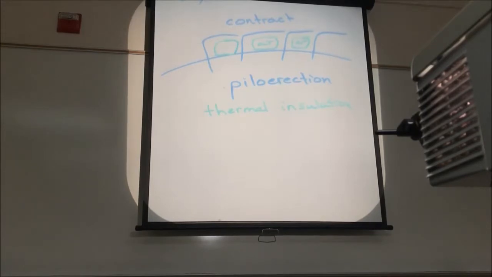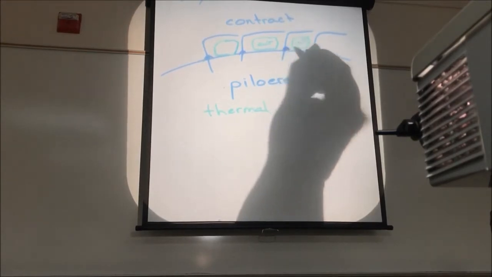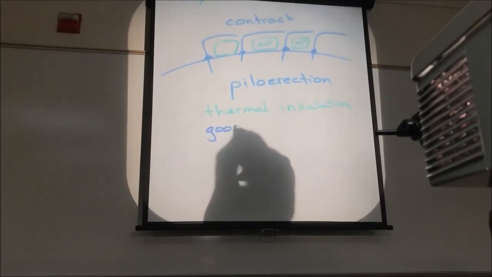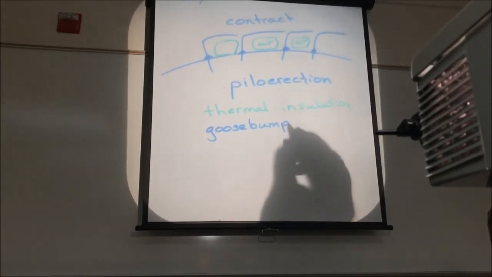Our hair isn't thick enough to do that. Piloerection in humans will occur when we get cold. You walk into a room that's chilly, your hair stands on end. And you can see the effect because as the muscle pulls on the hair follicle and the skin, it raises these little ridges on the skin that we call goosebumps. Some people call them goose pimples.